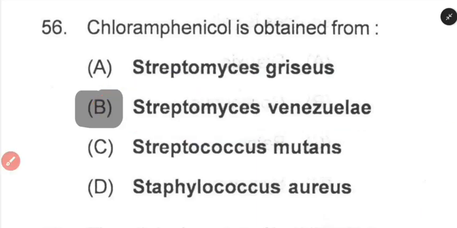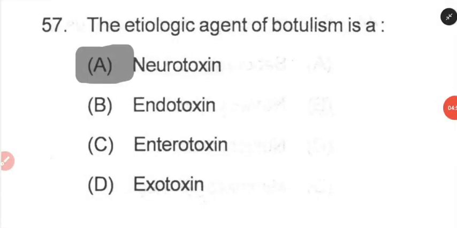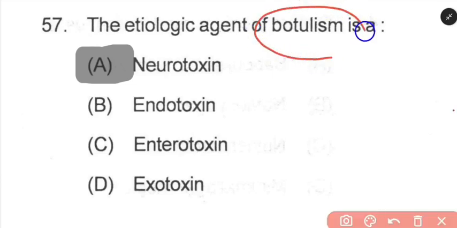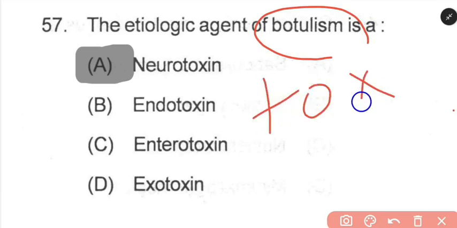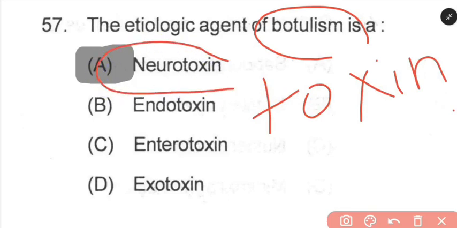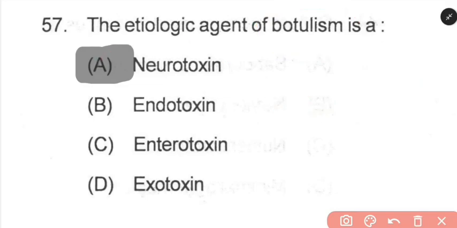Next, the etiological agent of botulism is neurotoxin. During botulism, the toxins released by the causative organism are by nature neurotoxins. Okay. Next question.